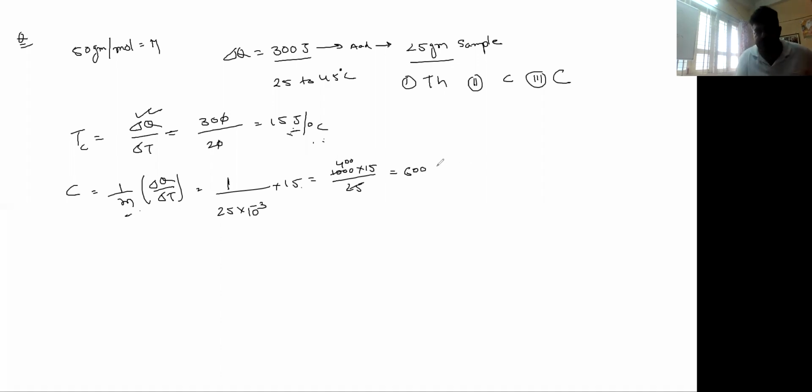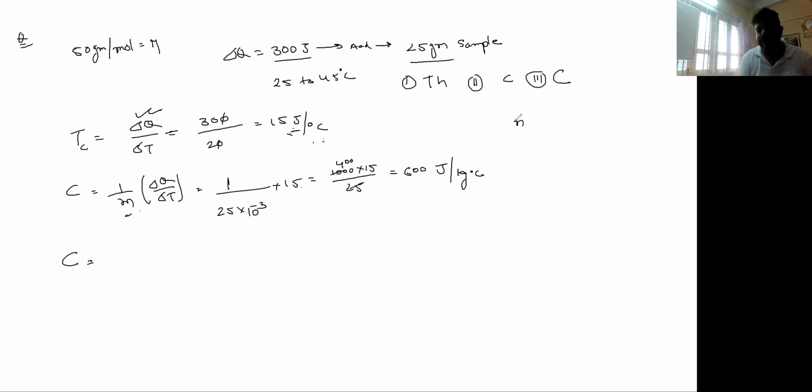Now the unit is joule per kg per degree centigrade. Or if you put m as 25, then you have to write joule per gram.